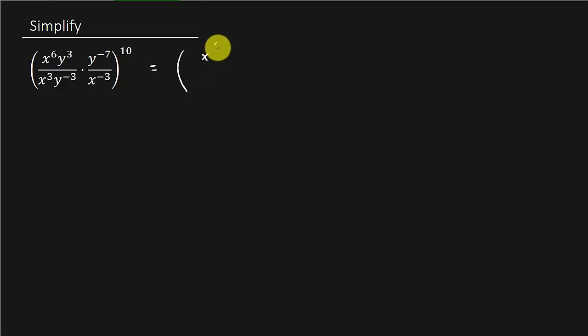I'm going to multiply what's in the numerator first. So that's going to be x to the 6 times y to the 3 plus negative 7, over x to the 3 plus negative 3 times y to the negative 3. I have like bases with the y's, so I add the exponents.